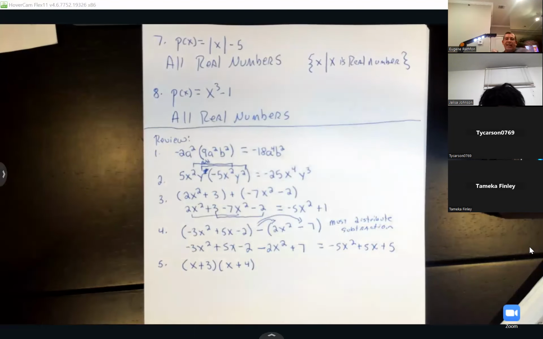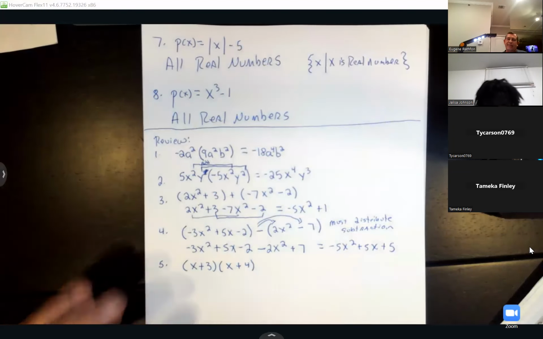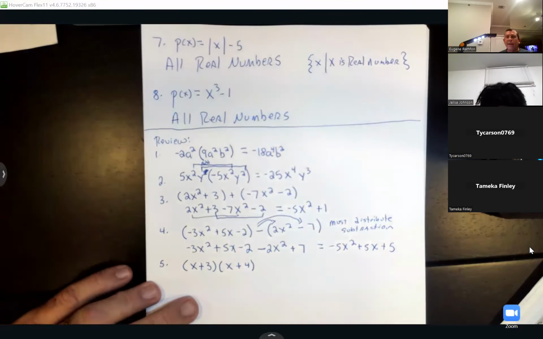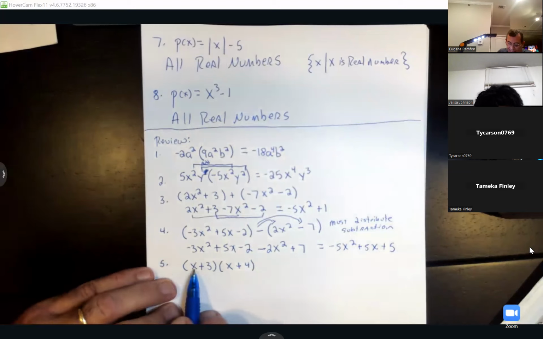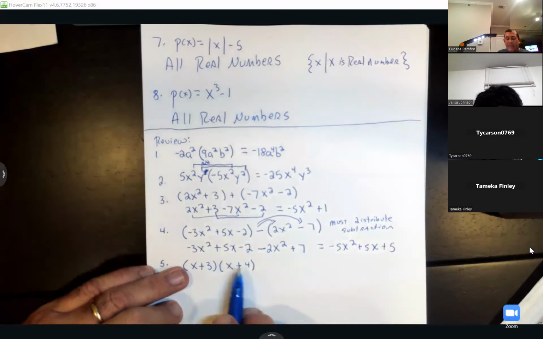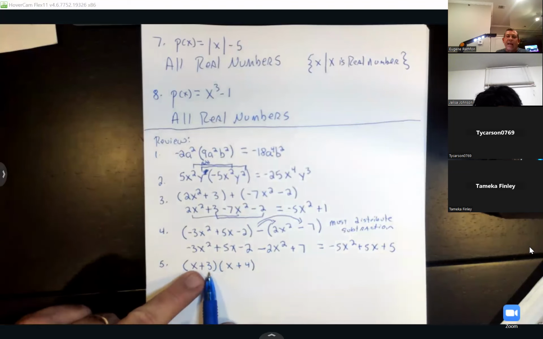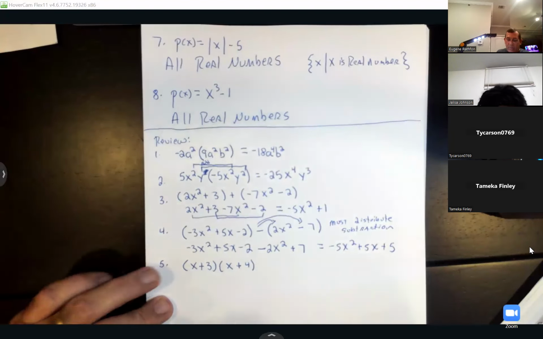So parentheses next to parentheses, we get to multiply this. This is where they might have taught y'all FOIL and all that fun stuff. So you take the X, distribute it through the second parentheses, and then you get that 3 and distribute it through the second parentheses. Both of these multiply by both of those.